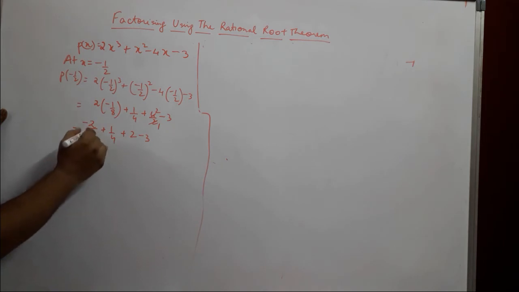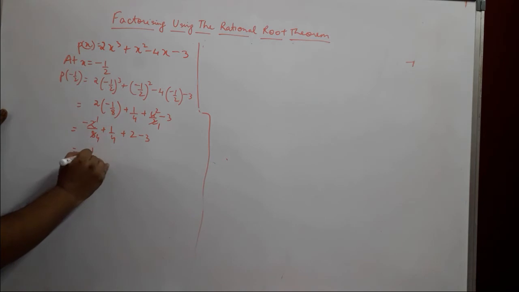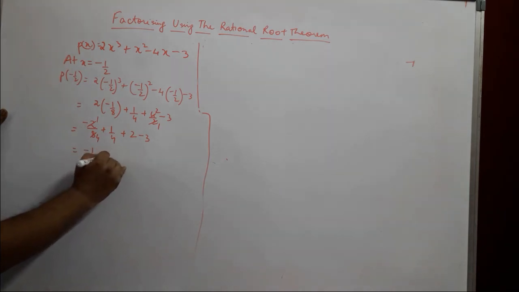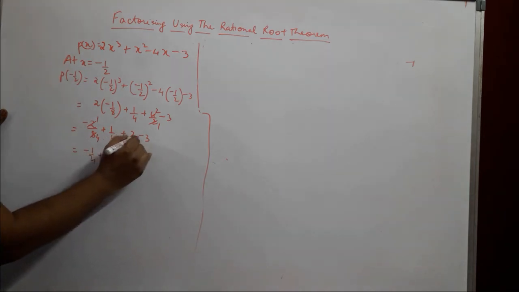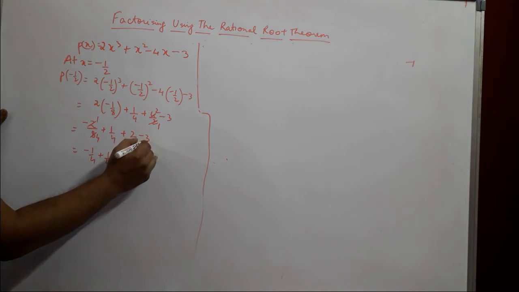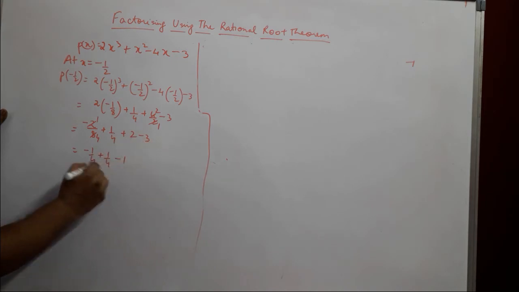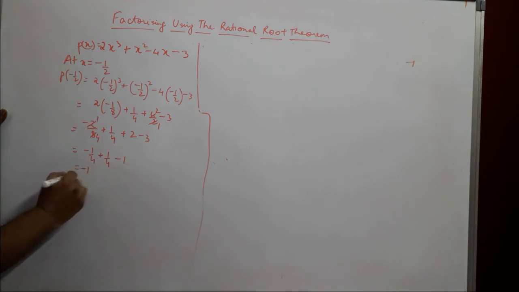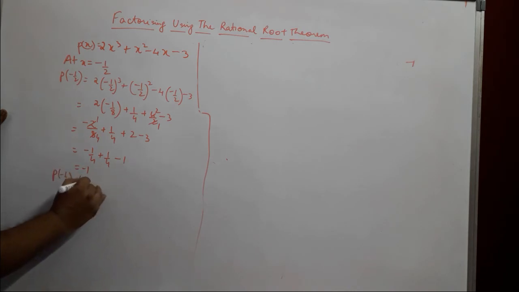Then this will be 2 1s are 2, 2 4s are 8, which means minus 1 upon 4 plus 1 upon 4 plus 2 and minus 3. Minus 1 upon 4 plus 1 upon 4 is 0, and we're left with minus 1, which means that P of minus half is not equal to 0.